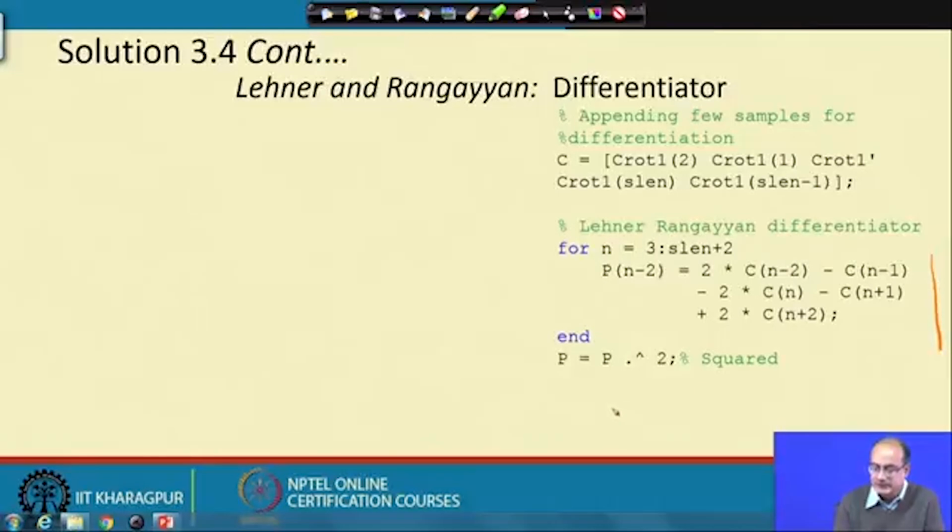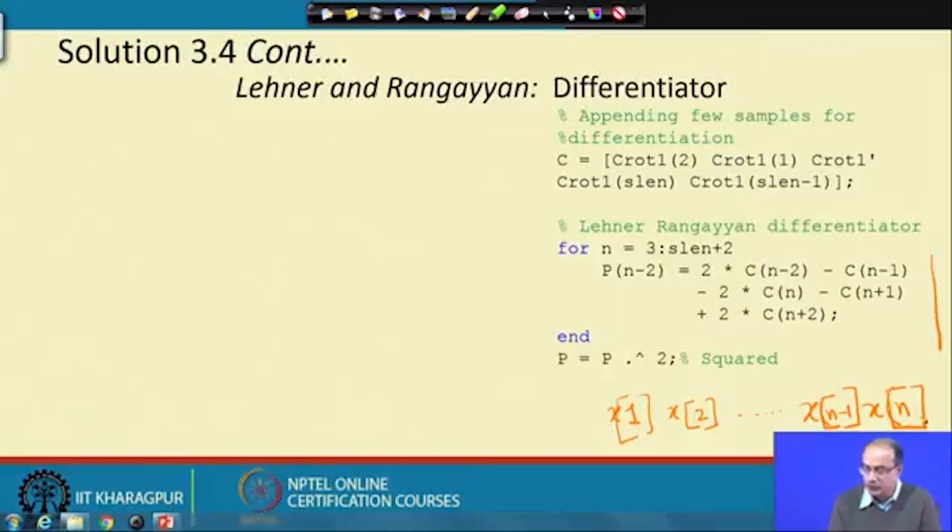Our signal is starting from say x 1, then x 2, going up to say x n minus 1 and x n. With that, we are using the reflection to pad both ends.